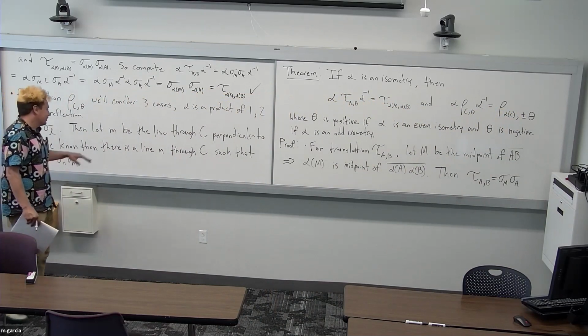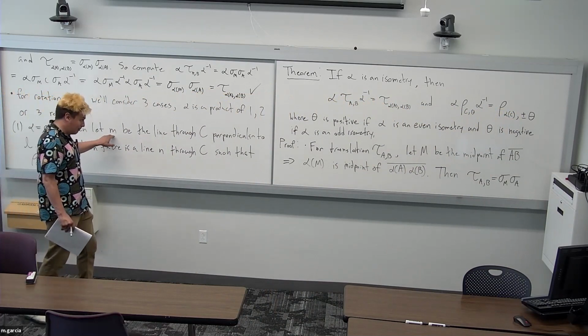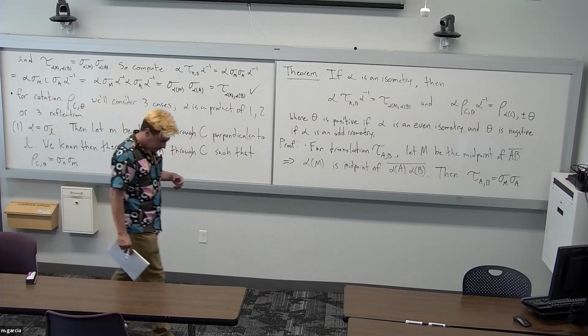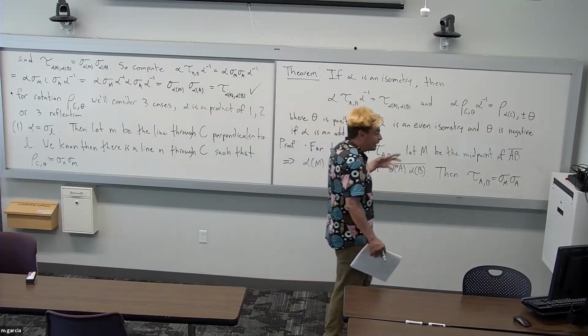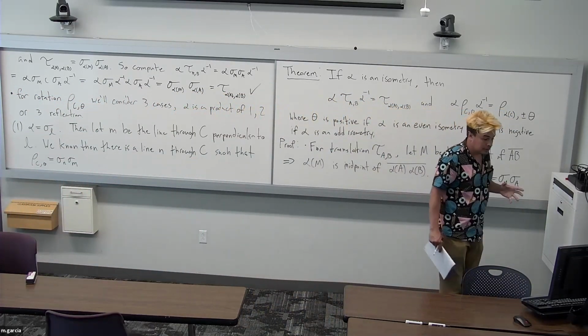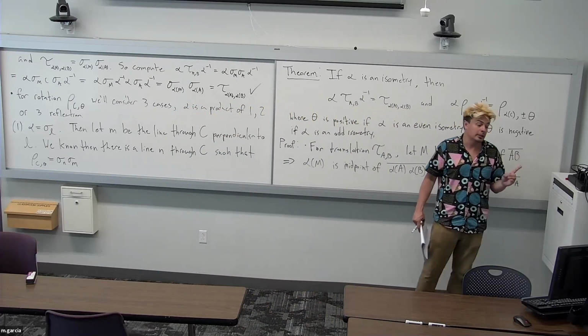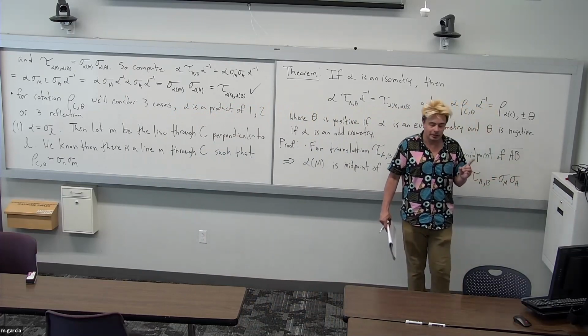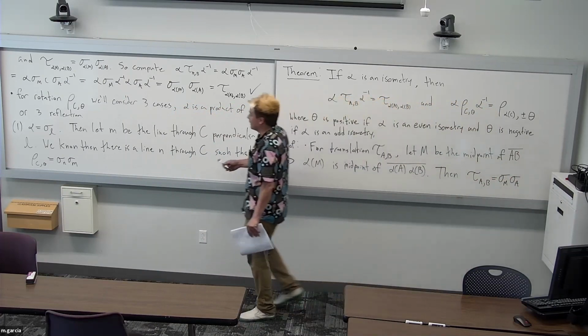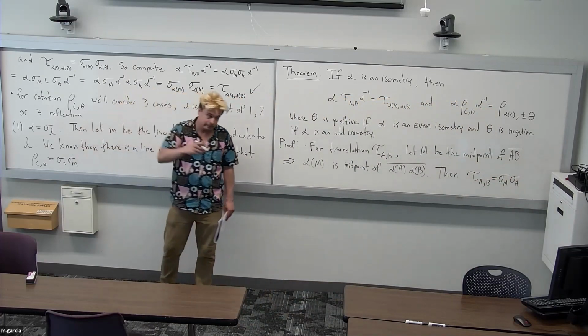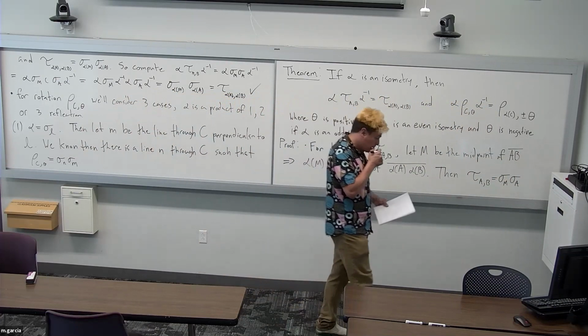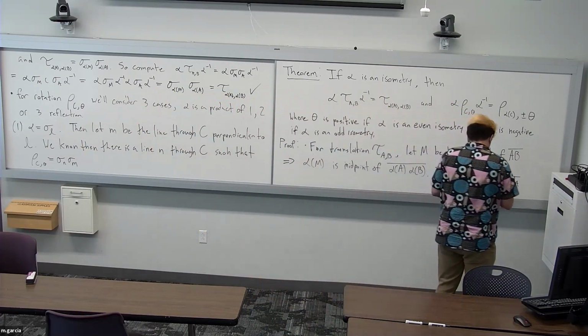I've picked some arbitrary line M through C. That means I know I can find a line. There is a unique line N such that I can write this. You don't remember that?